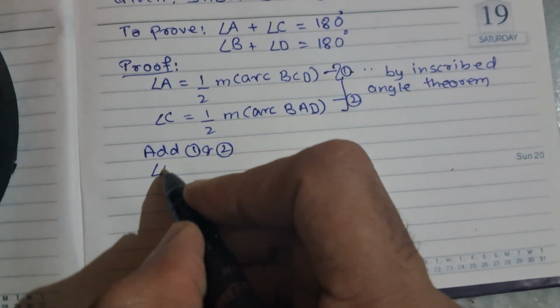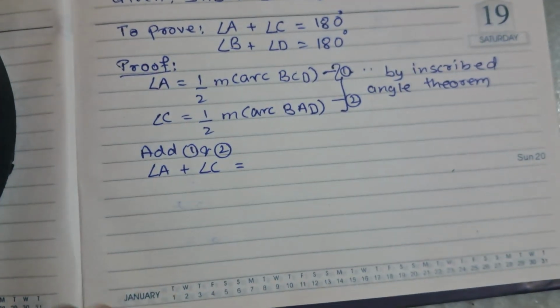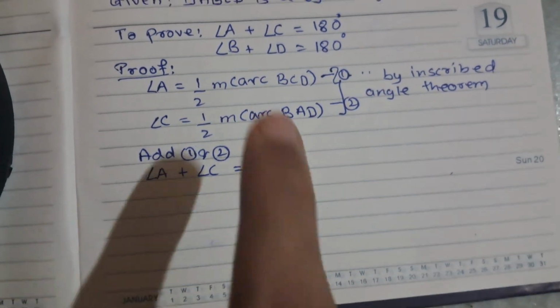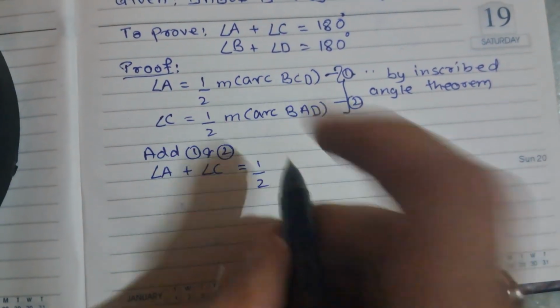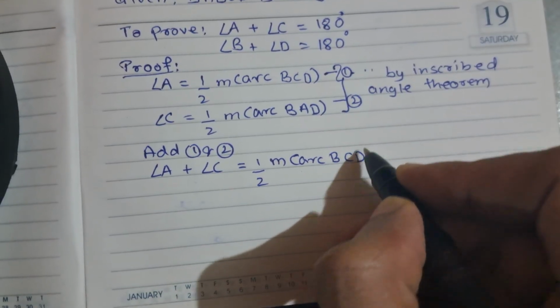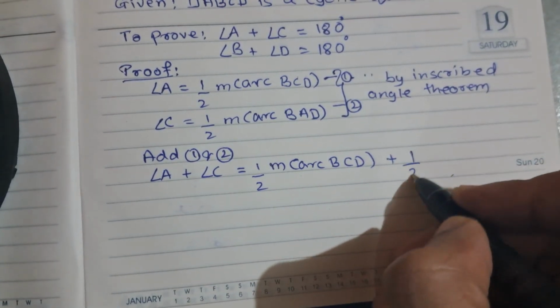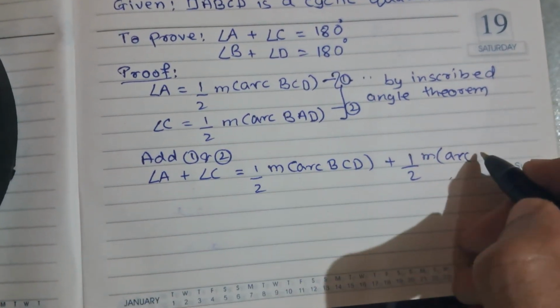That means angle A will get added to angle C. This is getting added to this. At the same time, in the right hand side, what will happen? These two things will get added, right? So half of measure arc BCD will get added to half of measure arc BAD.